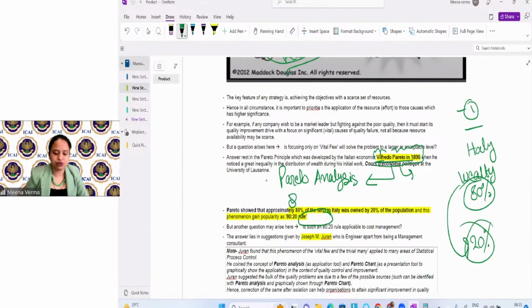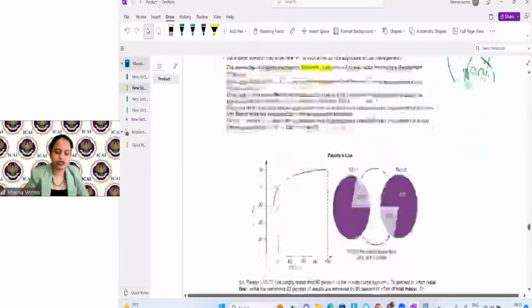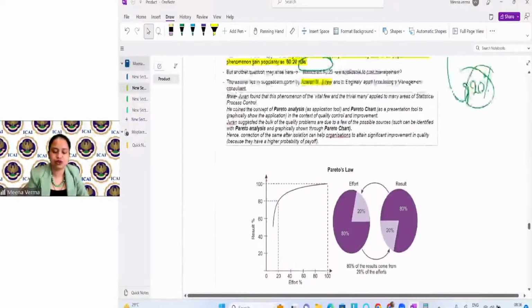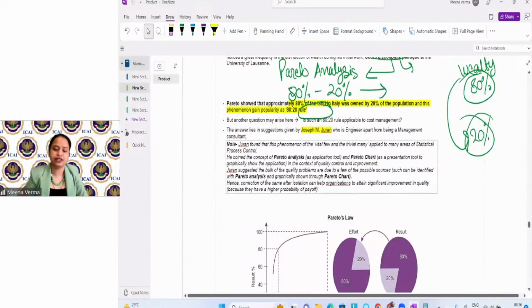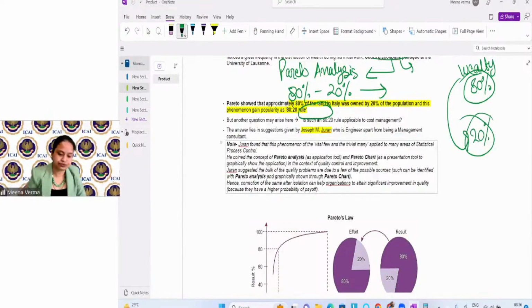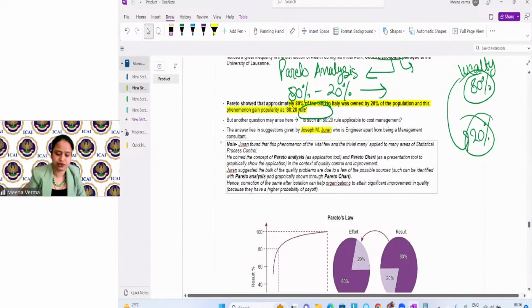And the 80-20 rule, this name was given by whom? Dr. Joseph M. Juran. All right. Later on, Dr. Juran did some more research on this topic, and then he gave the 80-20 rule. Okay. What is this 80-20 rule?